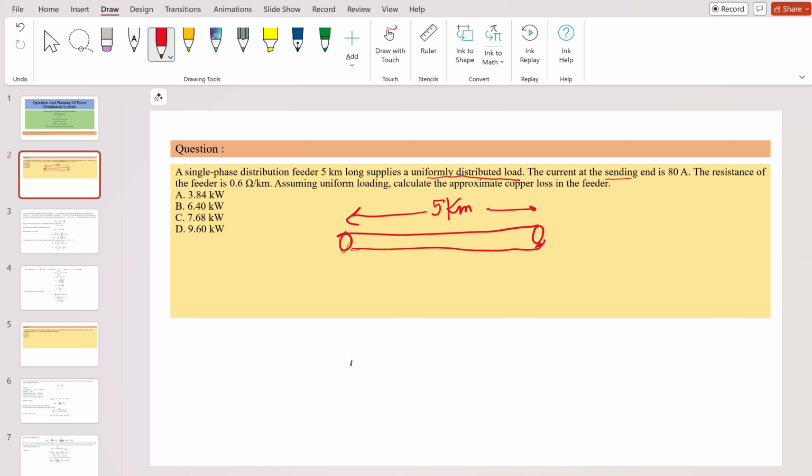The current at the sending point is 80 amps, and the feeder resistance, the small r, is 0.6 ohms per kilometer. Considering the uniform loading, you have to calculate the approximate copper loss. If you know the formula, try to solve that. After that, I will give the solution.